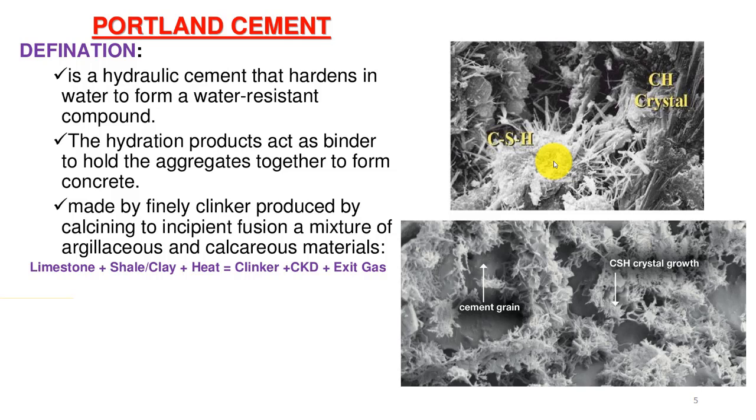Over here we have some needle-like microstructure, and some gel-like microstructure can be seen in this micrograph. The gel-like microstructure shows the CSH, calcium silicate hydrate, which contributes toward the strength gain of a concrete. The needle-like structure is basically the ettringite formation.